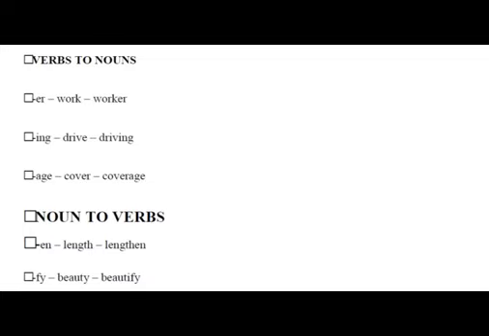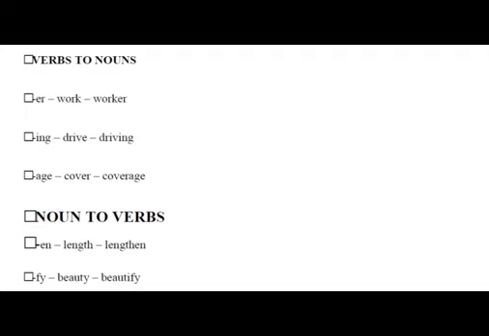Verbs can be converted to nouns by adding suffixes. For example, work is a verb. Just adding er at the end of it, it becomes a noun, worker. Drive, just add ing at the end, driving. Driving is a noun.